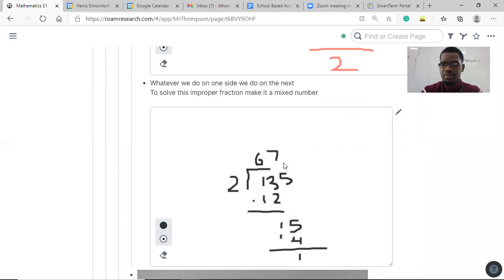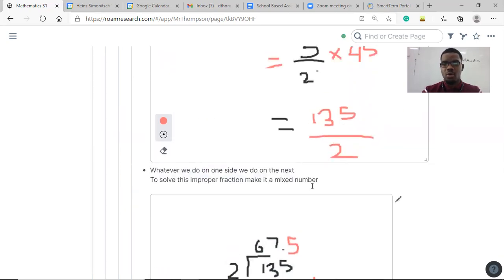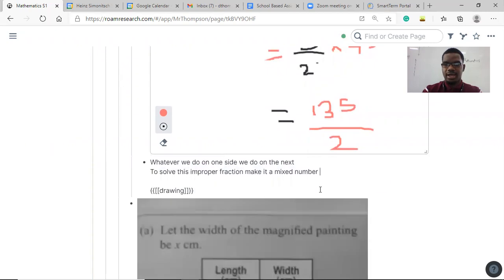So we're gonna put a decimal point, right? And bring down an imaginary 0. Imaginary 0, but it's gonna be real. Now we say 2 into 10 goes 5. So the answer is 67.5.